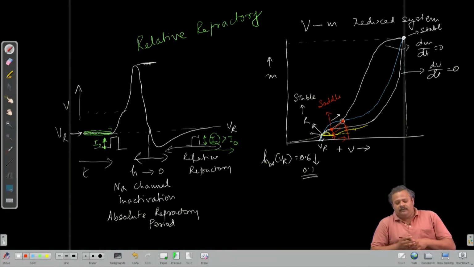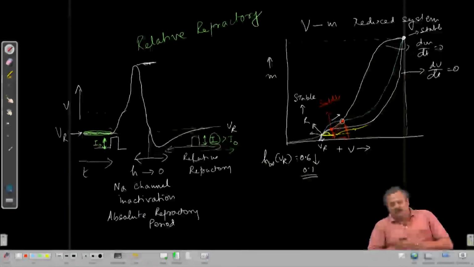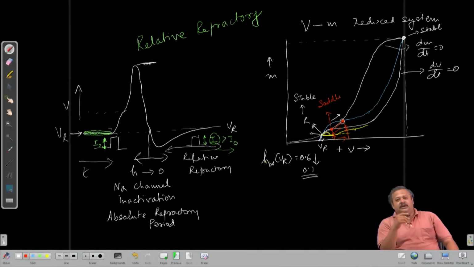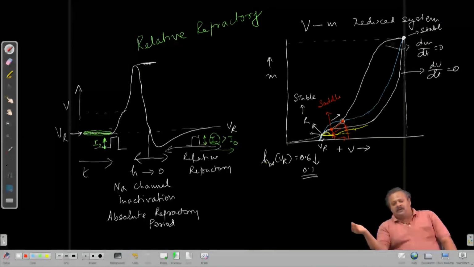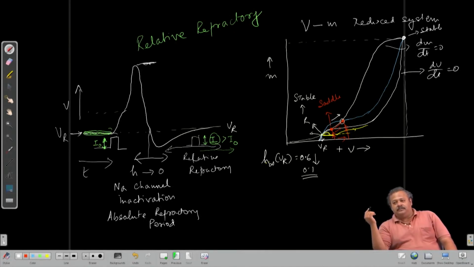In fact, if you simulate this, you will see that it goes to around minus 40 millivolts instead of the minus 56 millivolts that was there earlier. So, that means we now need a larger current to move the neuron from V rest, or close by, beyond the threshold to produce an action potential.